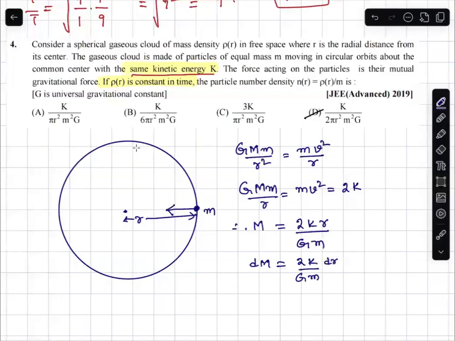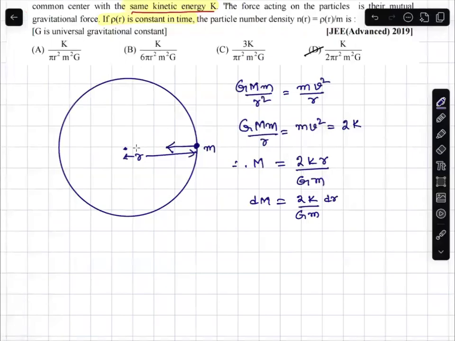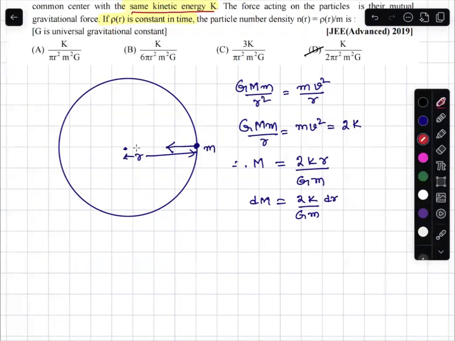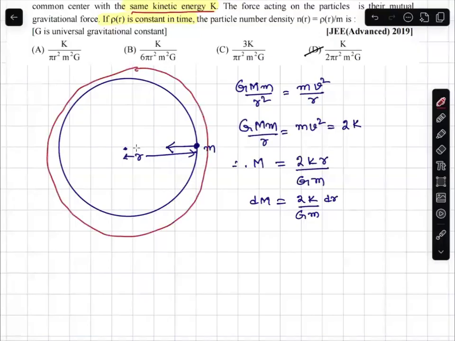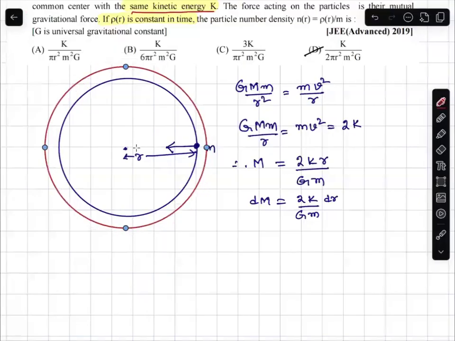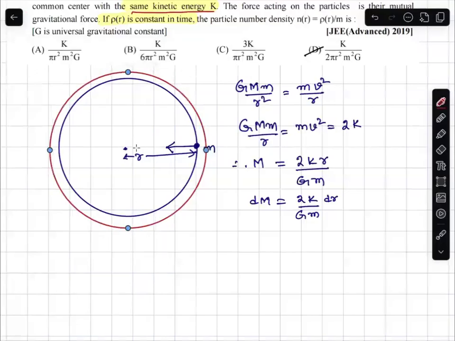Till this point, any doubt? What is dm? Dm is rho into the volume of the thin shell, 4 pi r square dr. Good.